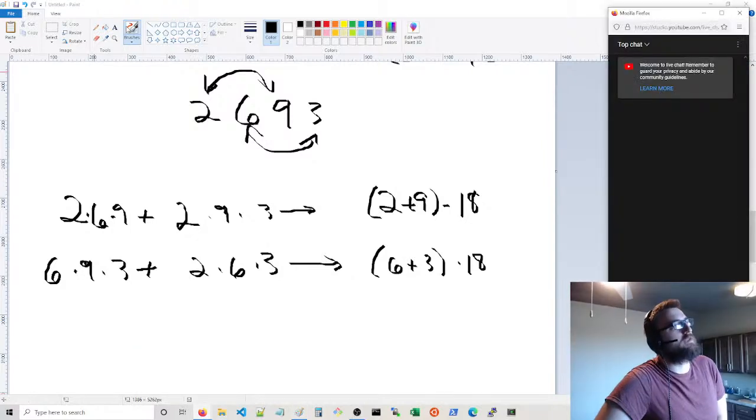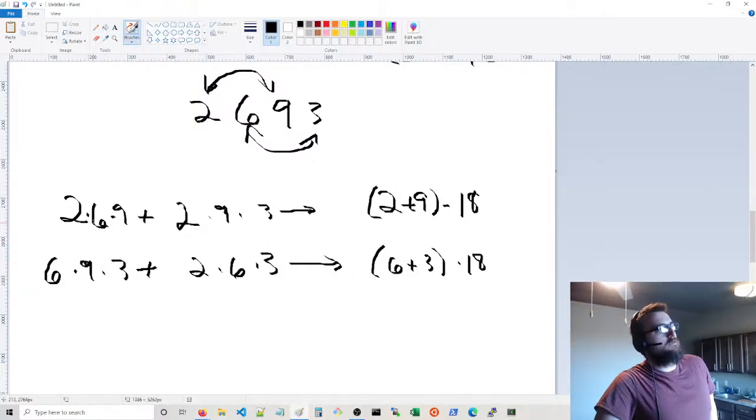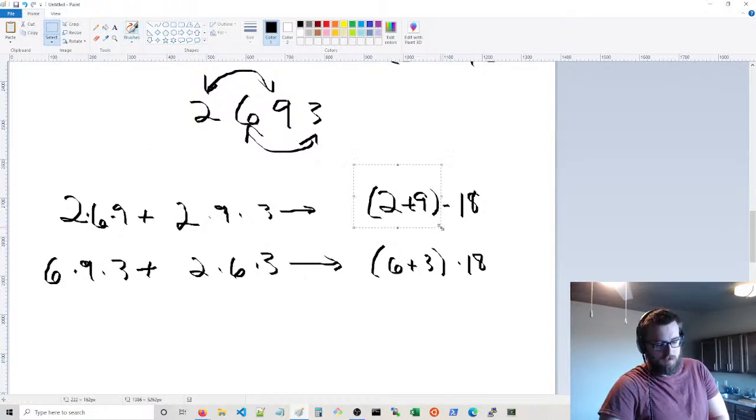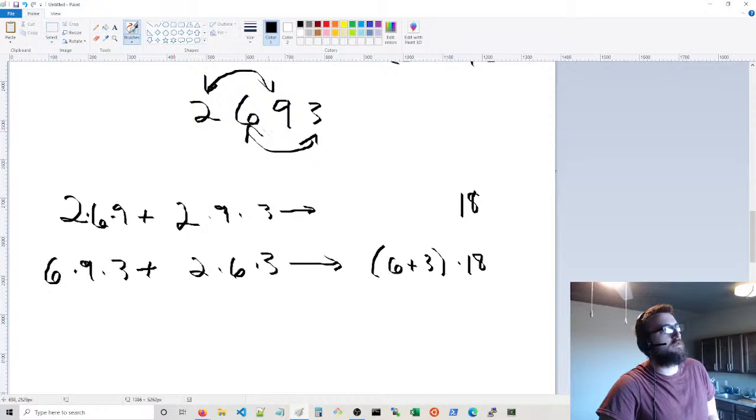Is that always true? It just doesn't seem so. For 2, 6, 9, you would say 2 and 9 is 18, so 6 plus 2 and 9 is 18 again, 3. So actually this is wrong. This one is actually 2, 6, 9, and then 2, 9, 3, where 18 is 3 plus 6.